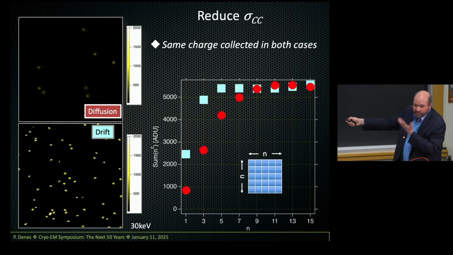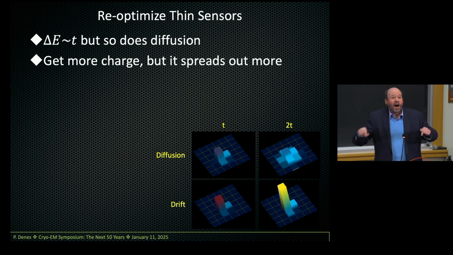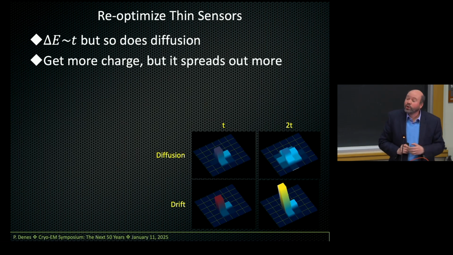But as you can visibly see, it's a lot easier to see these guys, and they bleed out a lot less than this. So this is kind of a new avenue to try to improve what exists now. That lets us re-optimize thin sensors from the original ones that were in electron cameras now.